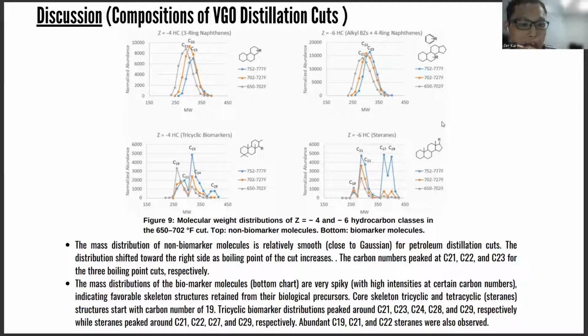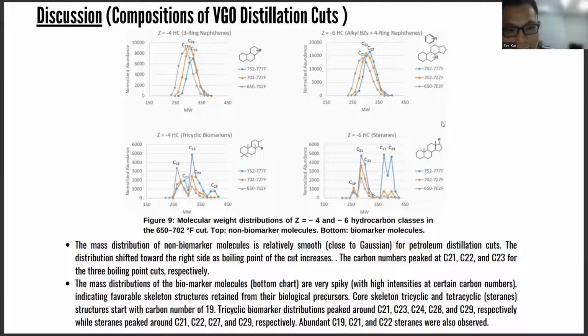The mass distribution of the biomarker molecules, bottom part, is very spiky, indicating the favorable skeleton structure retained from their biological precursors. The core skeletons, tricyclic and tetracyclic structures, start with carbon number 19.